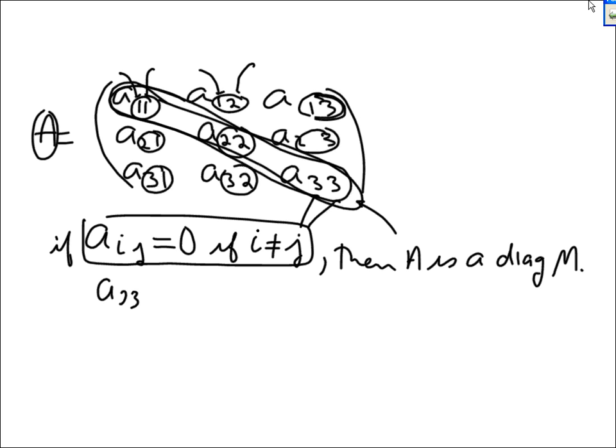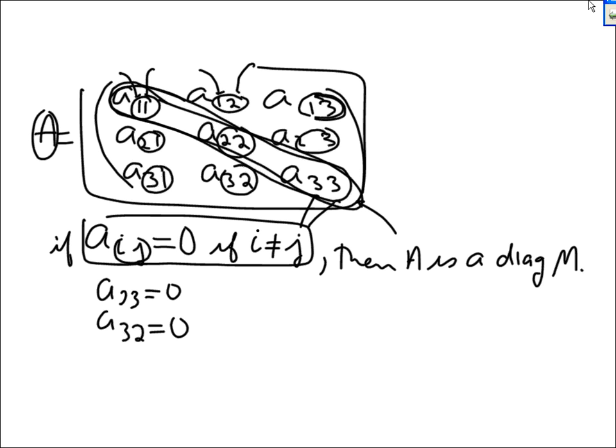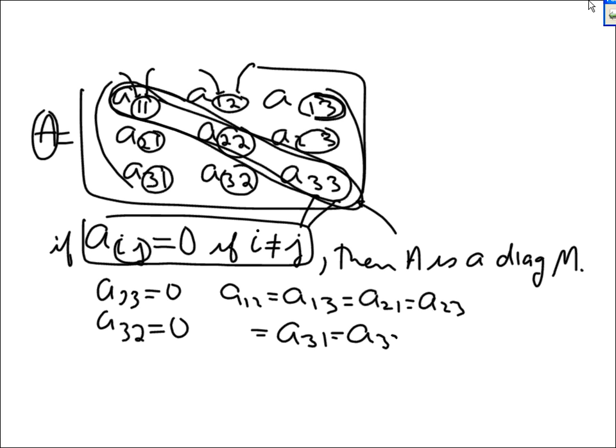A2,3: i and j are different. If that's 0, and in every case where the i and j are different in this matrix, if a1,2 equals the same as a1,3, which equals the same as a2,1, which equals the same as a2,3, which equals the same as a3,1, which equals the same as a3,2.